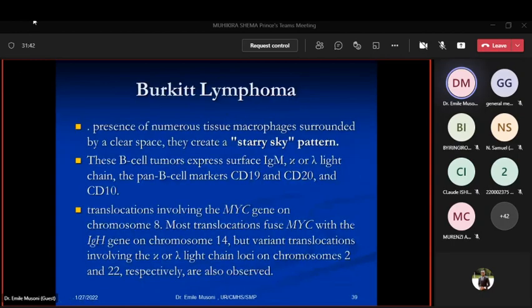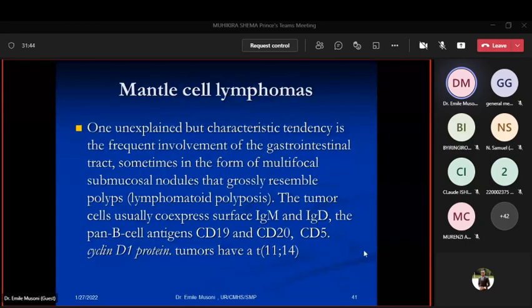Another type of non-Hodgkin lymphoma is mantle cell lymphoma. One unexplained characteristic tendency is frequent involvement of the gastrointestinal tract, sometimes in the form of multifocal submucosal nodules that resemble polyps. Most of those mantle cell lymphomas are found in the GIT.